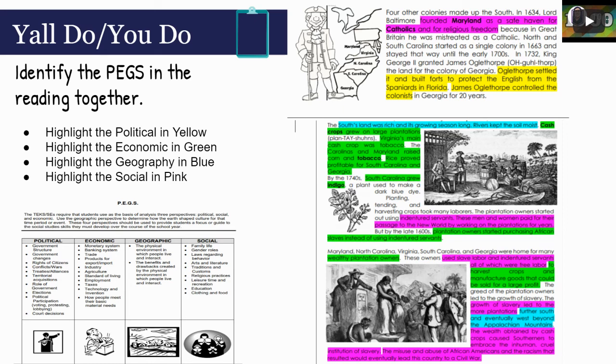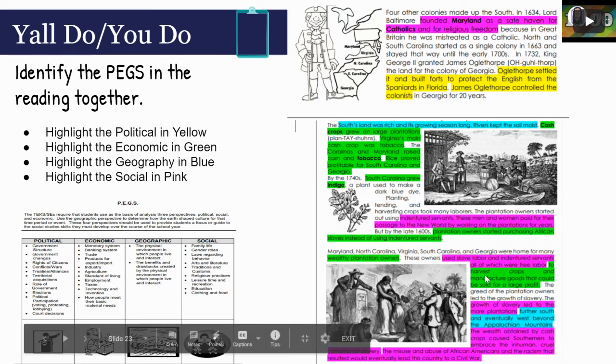But there was lots of wealth obtained by the free labor of slaves growing and cultivating the land for cash crops. Okay, so we can see here that this is economical. They're harvesting crops. The growth of slavery led to more plantations. This is very important to understand.